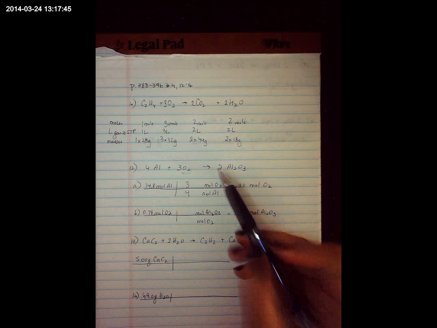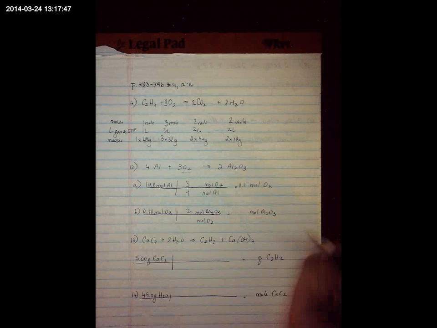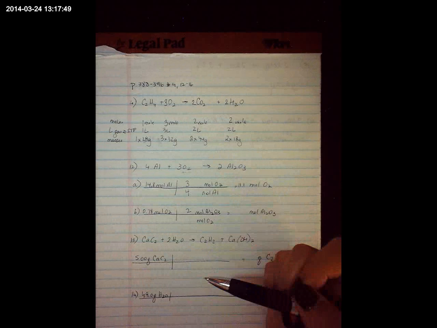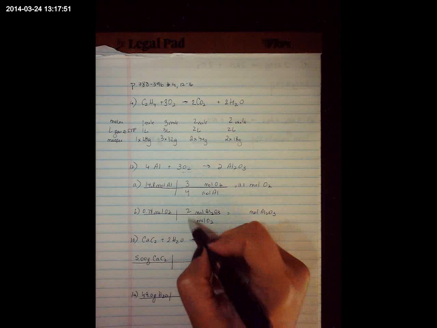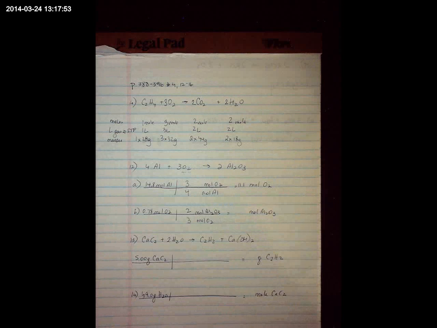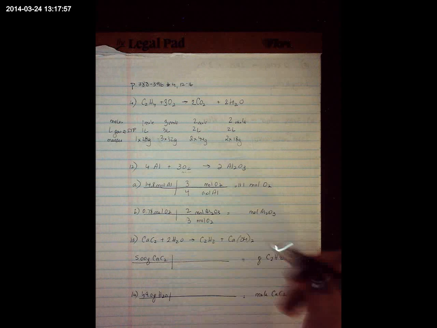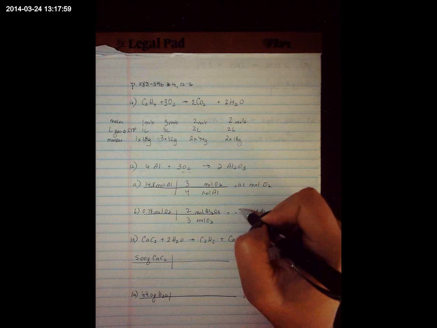It's a 2 in front of Al2O3, so that goes in the numerator. It's a 3 in front of the O2, so that goes in the denominator. So 0.78 times 2 divided by 3, rounded to two significant figures like my given, is 0.52 moles Al2O3.